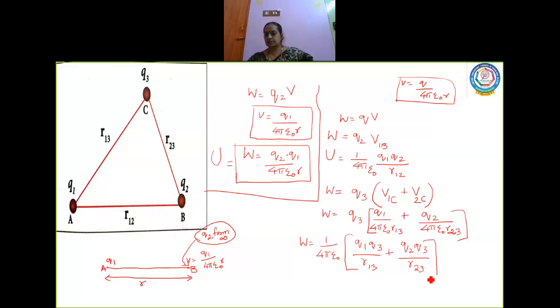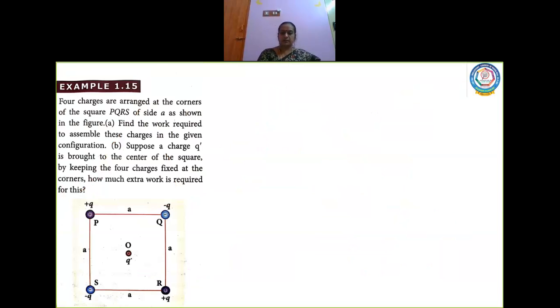Is it clear now? This is the work done due to these two charges Q1 and Q2 at Q3. Is it clear? Now I have an equation where I have the work done.